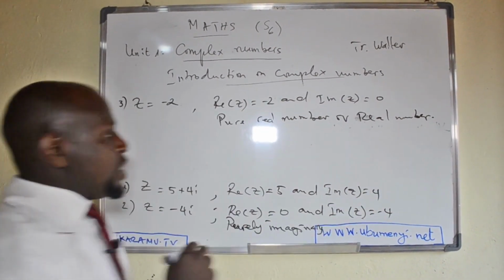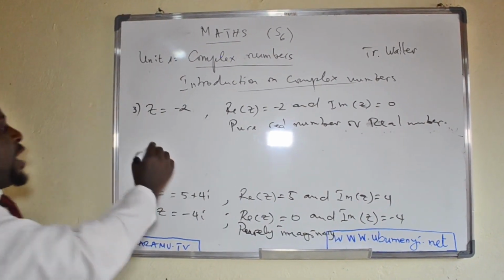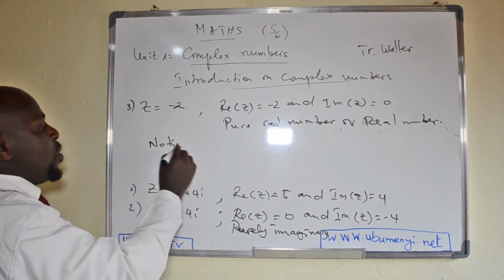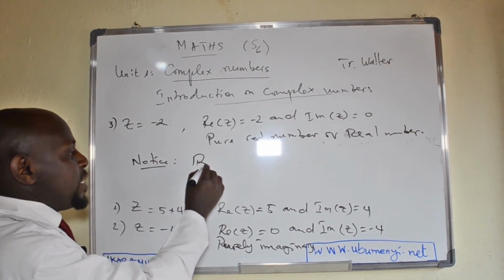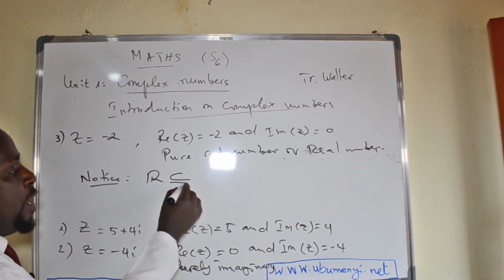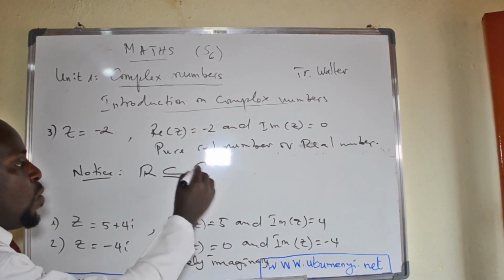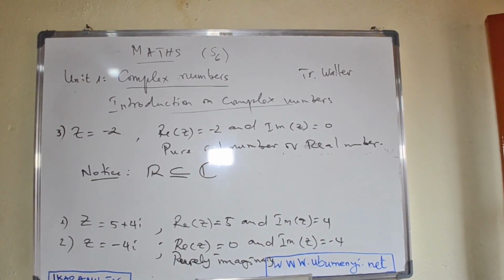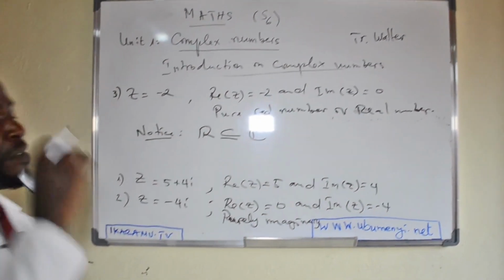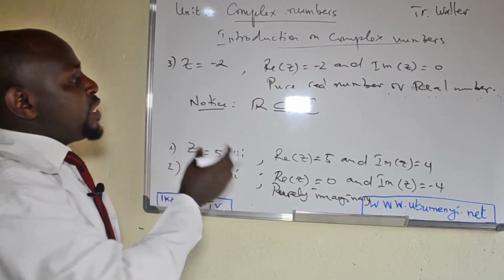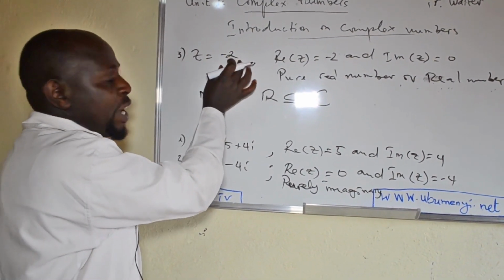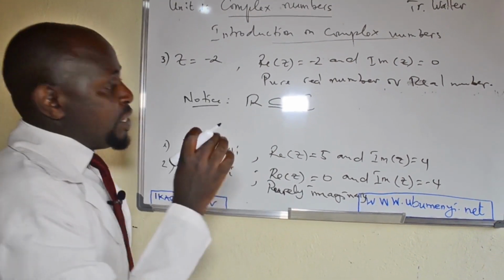From this example we notice something: all real numbers are subsets of the set of complex numbers. It means that every real number is also a complex number, which means that the real part is there but the imaginary part is 0.